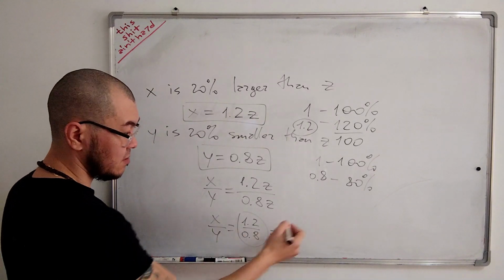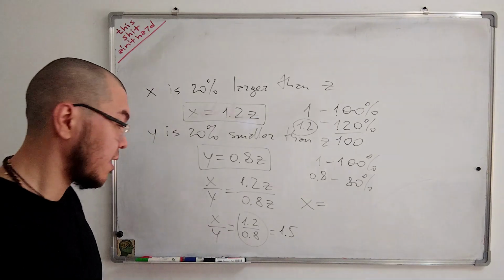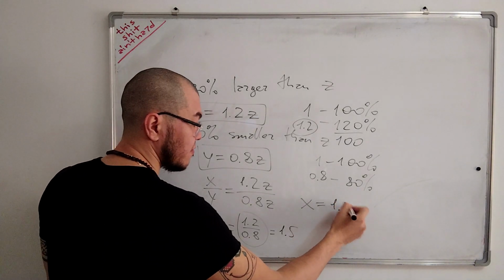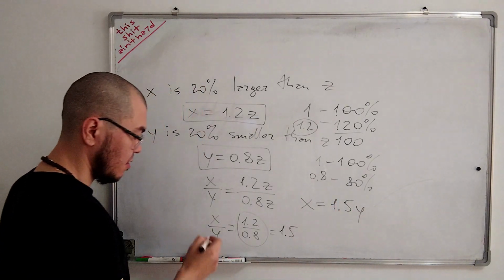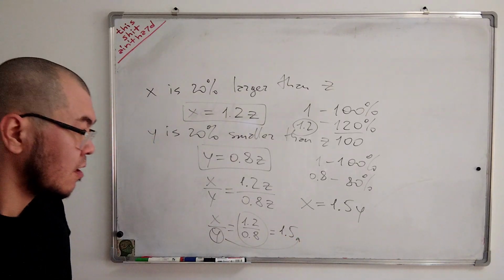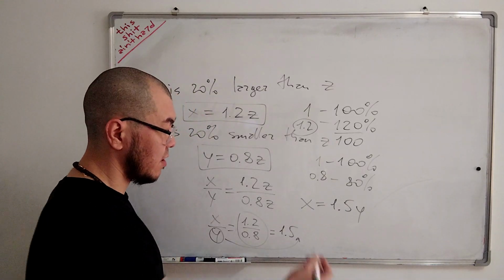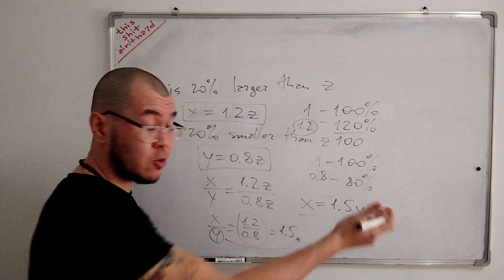And after this, we can find x in terms of y, and we get 1.5y. Multiplication goes right here. So we have x in terms of y.